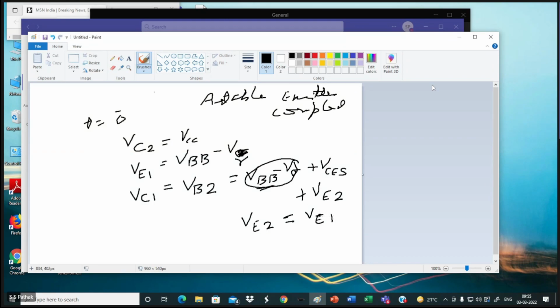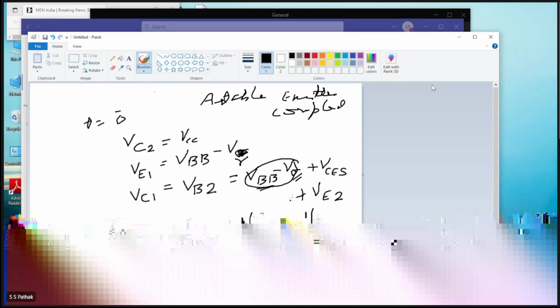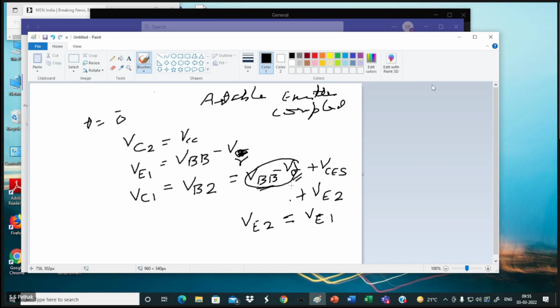At t equal to 0 minus, it has fallen down to that. So it will become VBB minus V gamma, not sigma. It will become V gamma then, sorry. VBB minus V gamma it will be there.